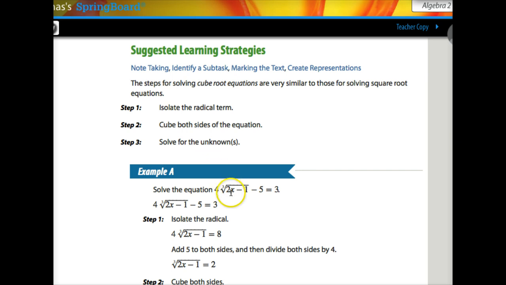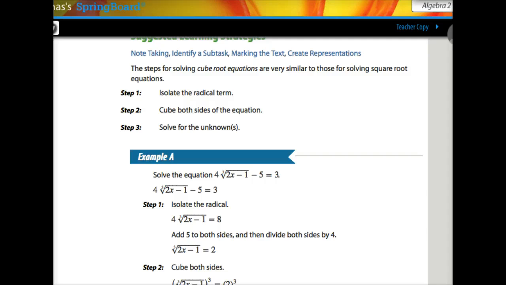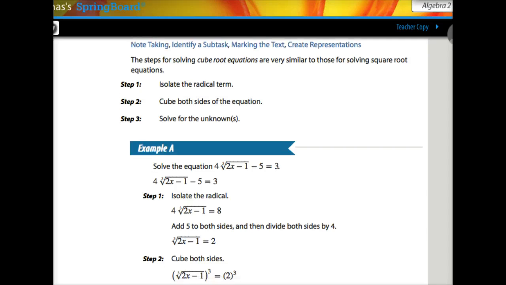So those are our 3 steps. That's one reason why it's easier, no extraneous solutions. The other reason why it's easier is because almost all of the time after step 2, the equation that's left is linear. So that means they're the short, easy type to solve rather than having to factor and all of that. So I think you will find this easier than what we did in 25-2.